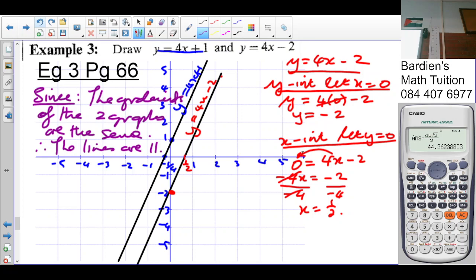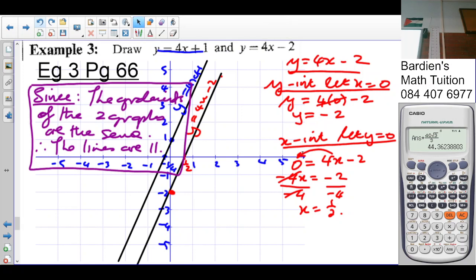This is a very important concept to understand at this point. To draw this graph is 3 or 4 marks. If the gradients of the two graphs are the same, therefore the lines are parallel. Very important to note this one. If lines are parallel, gradients are the same. Gradients are equal.